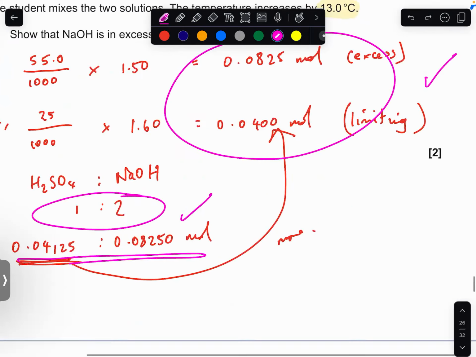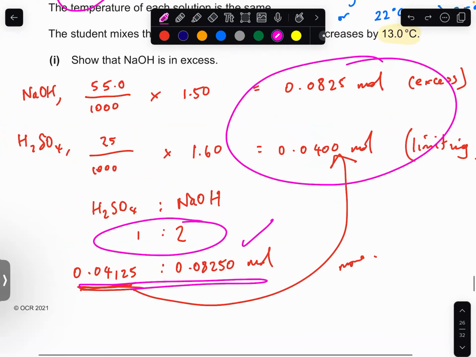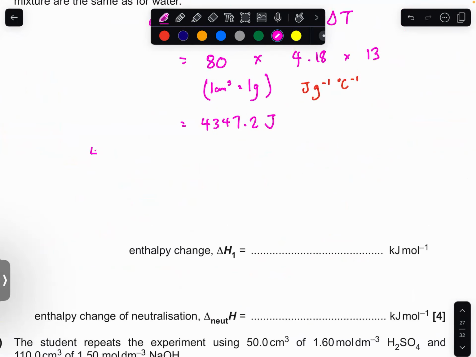We've already worked out the moles of the limiting reagent, which is H2SO4. So we've got 4347.2 divided by 1,000 and divided by 0.04. That will give you your answer.